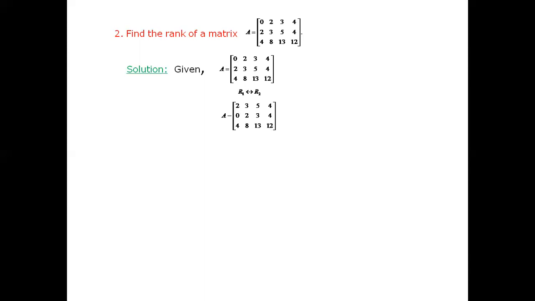So according to the procedure, the elements below this leading entry must be 0. I mean, the elements of the first column should be 0 here. So this is already 0. So I want to make this element, that is 4, 0 by operating this row with R1. See, in the first stage, you have to operate with R1 only.